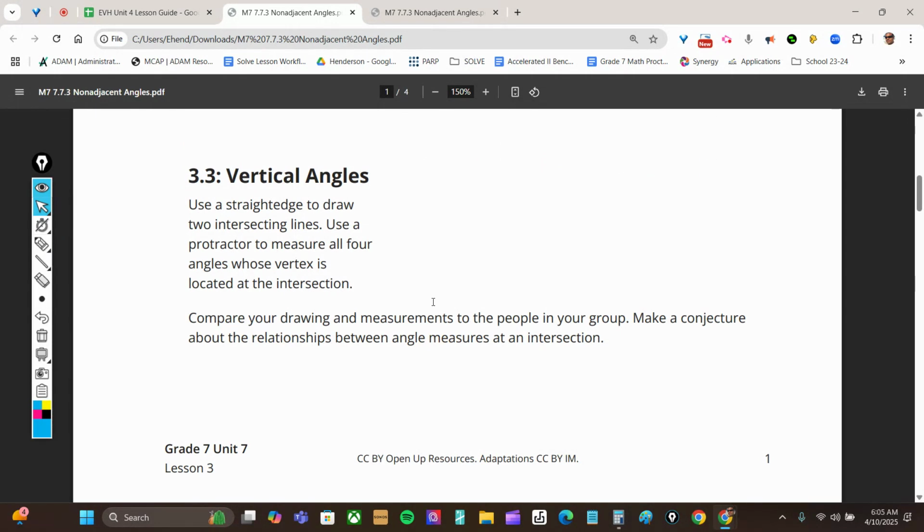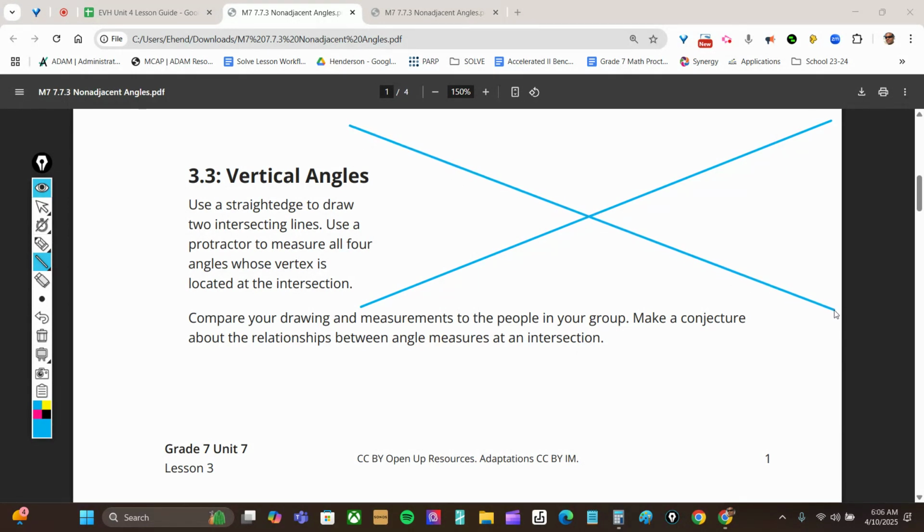Alright, it says using a straight edge to draw two intersecting lines, use a protractor to measure all four angles whose vertex is located. So they basically want you to make something like this. I make the lines really long so it's easier to measure with your protractor.